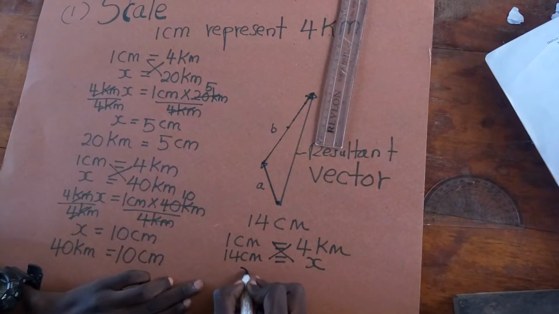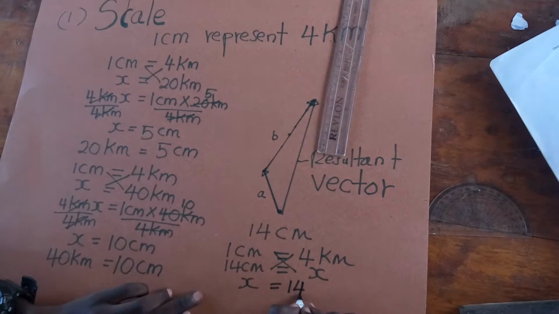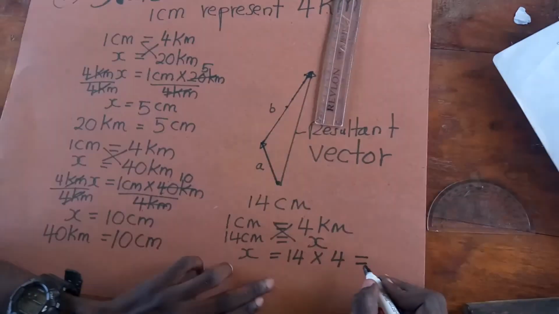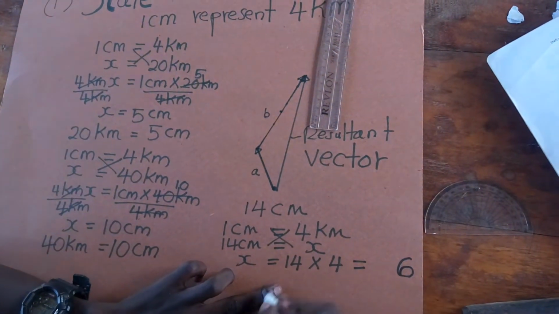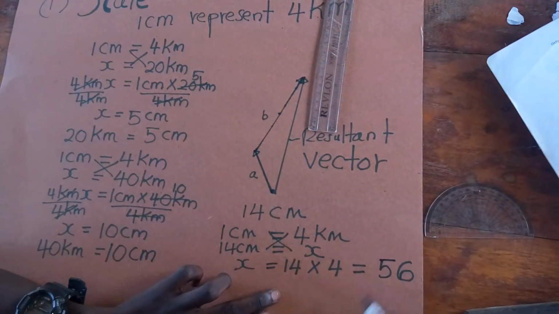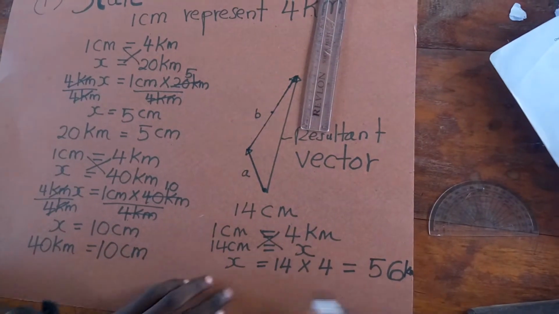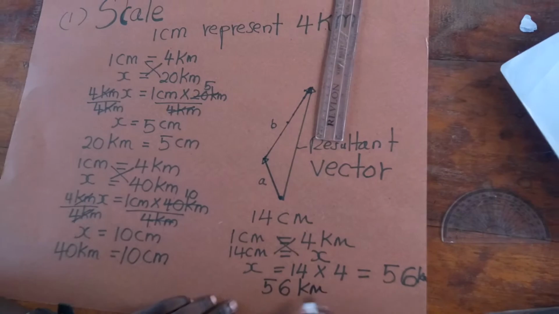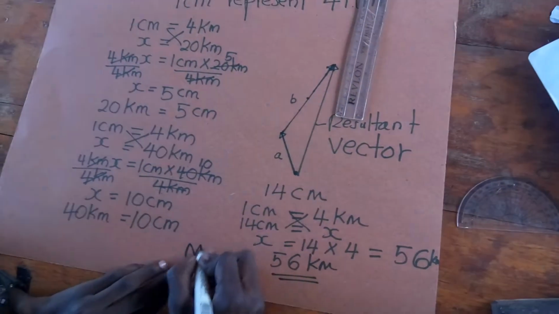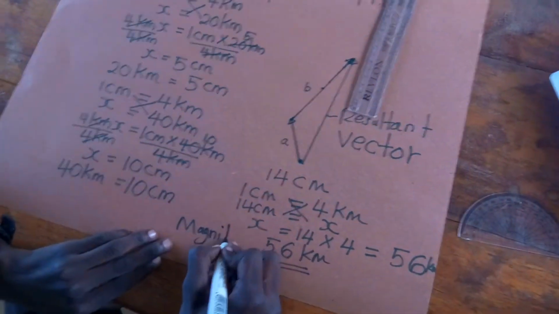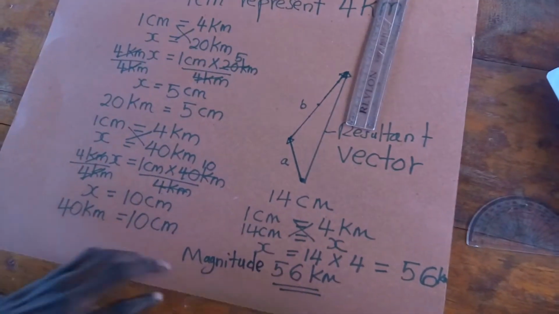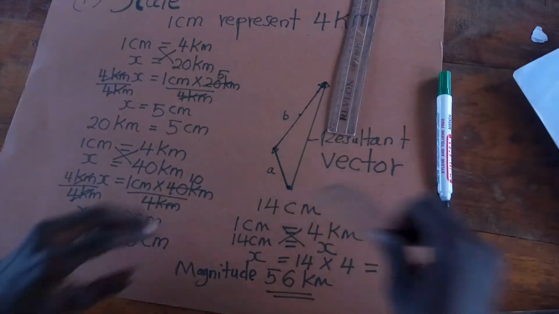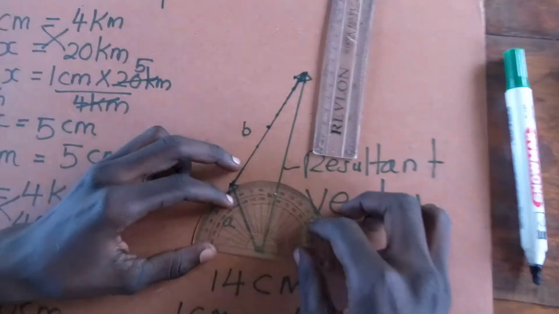Cross multiplication: x is equal to 14 times 4, which is 56 kilometers. This is the magnitude of the resultant vector. But you're also supposed to find the direction, so you're supposed to measure the direction, as you can see.